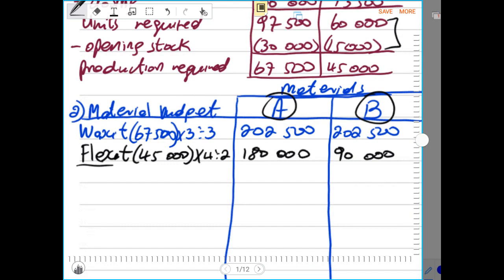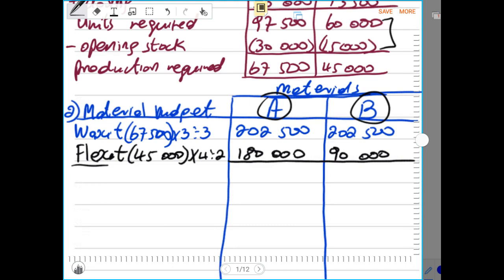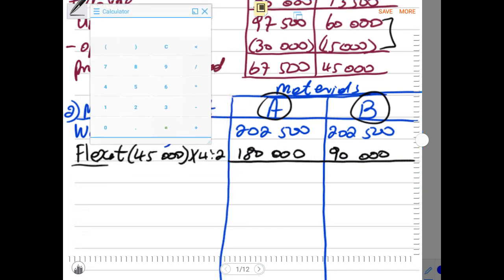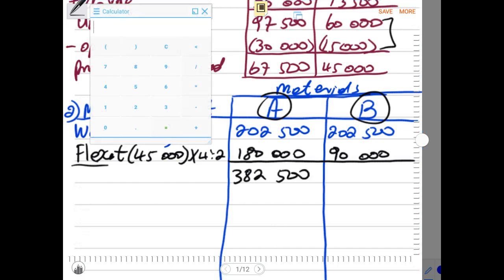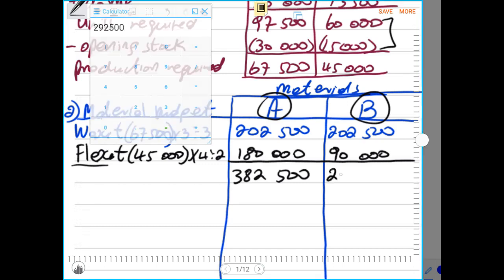Then now we can draw the line and we calculate the total of the two. Therefore this will give us 202,500 plus 180,000, which gives us 382,500 kgs, and this will also give us 202,500 plus 90,000, which gives us 292,500.